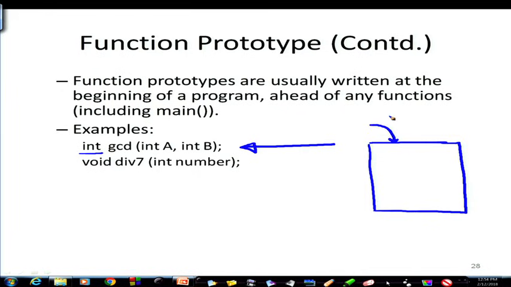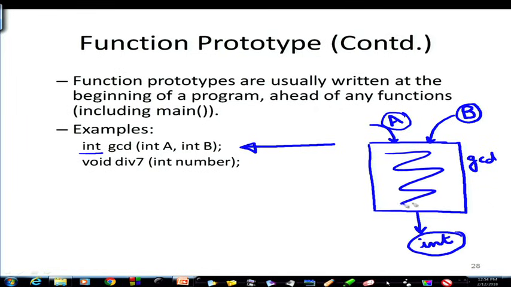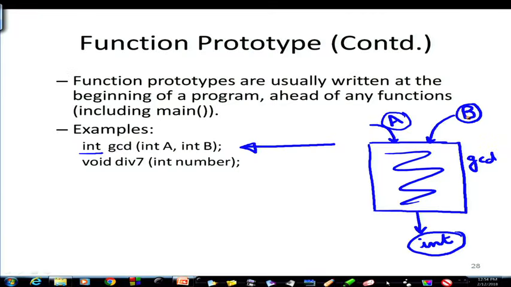There will be some parameters coming, there are two parameters, internally named A and B. I also know that this is an integer and this is also an integer, that its name is GCD, and that its output is an integer. Whatever is in between I am not bothered about right now. So, whenever GCD comes, I will allocate 2 integer spaces for that and 1 return facility.